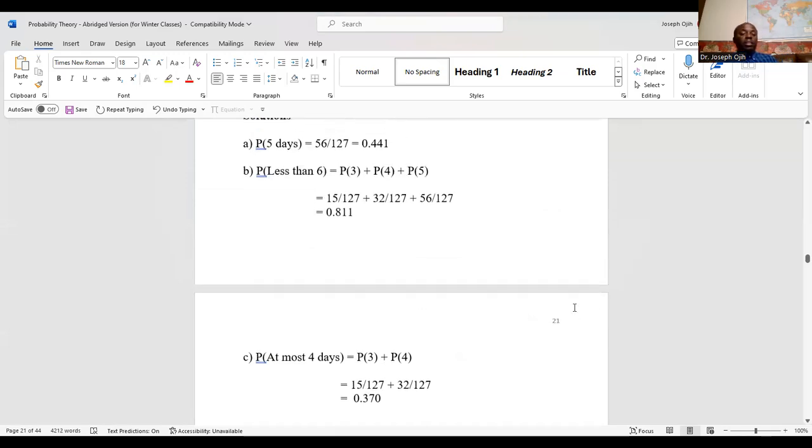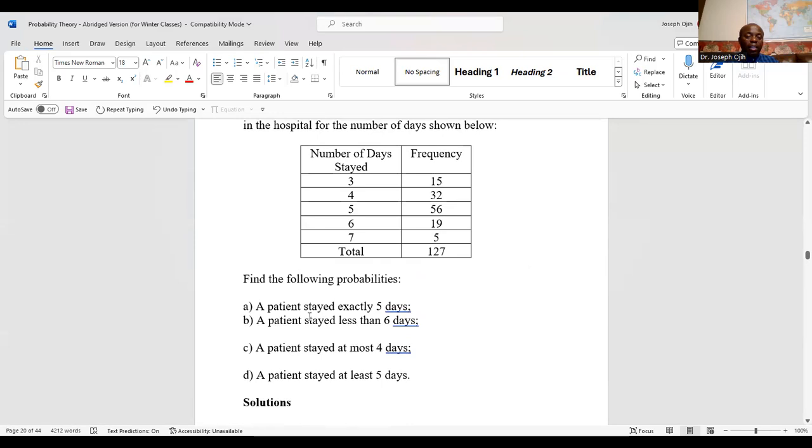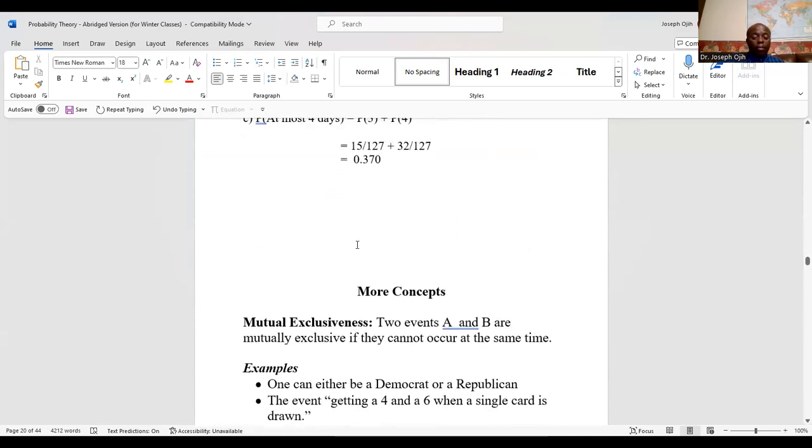The last but not the least: the probability that a patient stayed at least 5 days. At least 5 days means 5 days or more. That means we're going to use 5, 6, and 7.